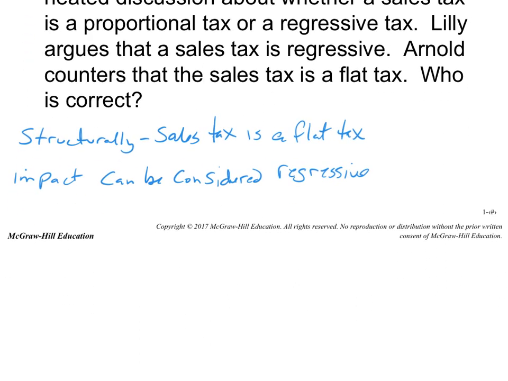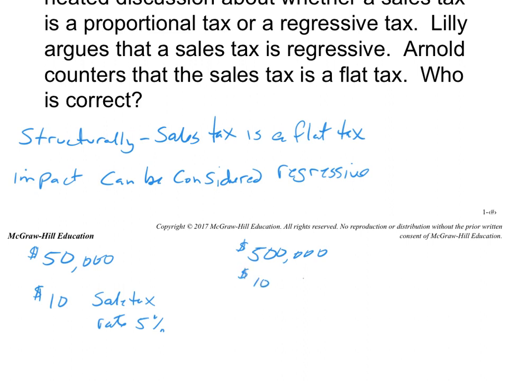And the reason that it can be argued that it's regressive is that if you make $50,000 a year and you have a family of 5 and you buy $10 worth of socks, and that sales tax rate is 5%, the impact of the tax you pay is going to be more significant than if you had a family of 5 on $500,000 of income per year and you had $10 of socks and a sales tax rate of 5%.